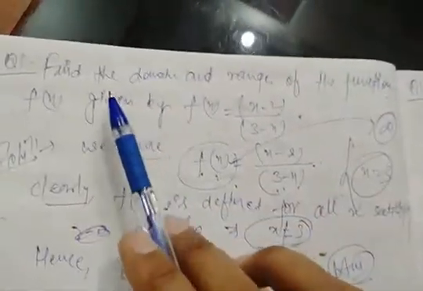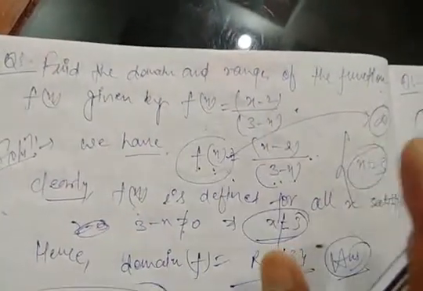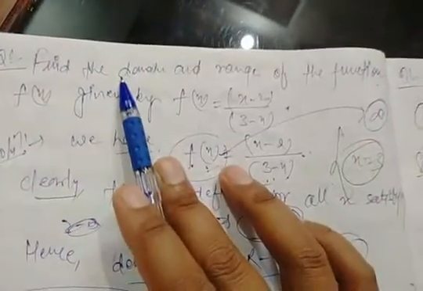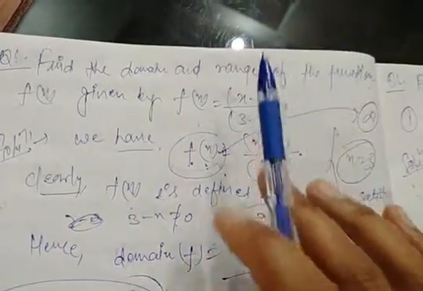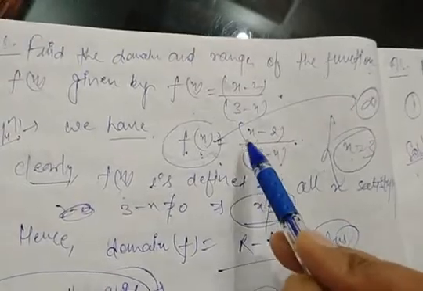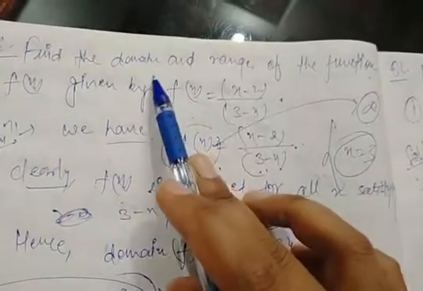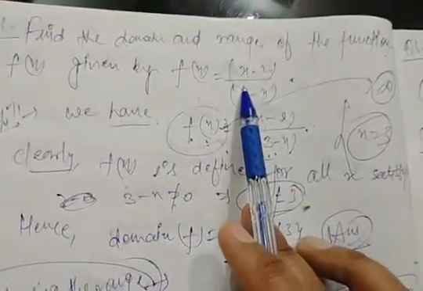Let's take it once more. Find the domain and range of the given function. You know what the domain is: the set of all values of x for which the function is defined, that is meaningful. At x equal to 3 the given function is not defined, so the domain of this function is all real values minus 3.